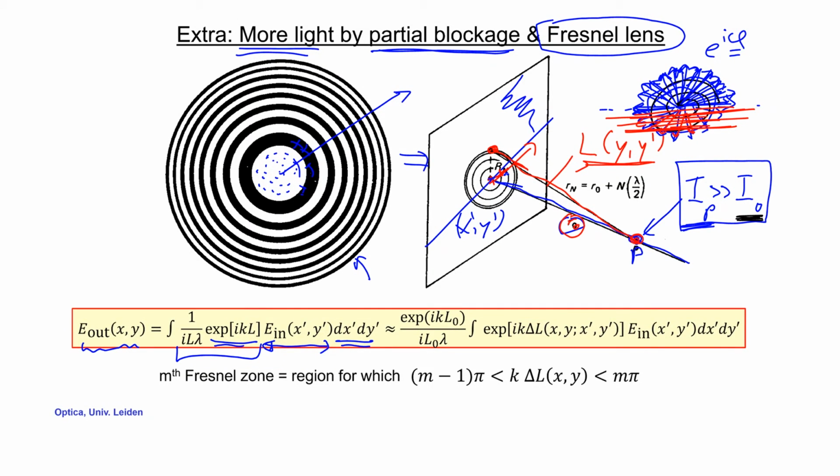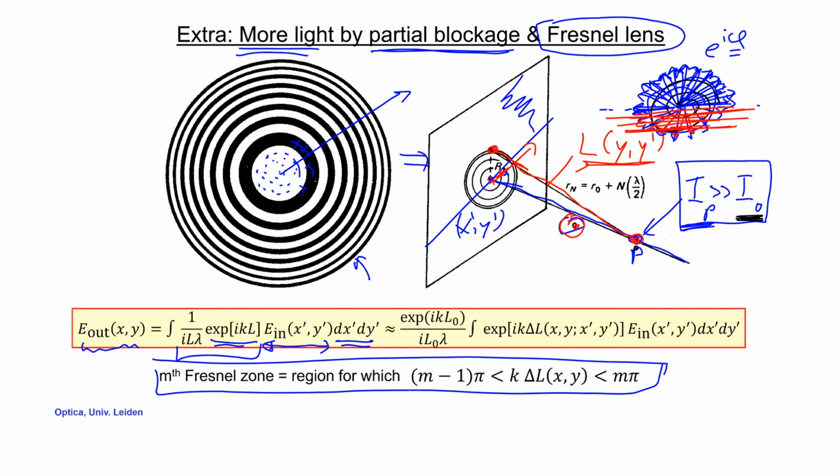And that's expressed by this idea that if you think about the field contributions from consecutive parts in a plate, then you can define what are called Fresnel zones. So, regions for which the path length difference between the path from this source to the detector relative to the central path, this path length difference multiplied by k, produces m times pi phase difference, or m minus 1 times pi.